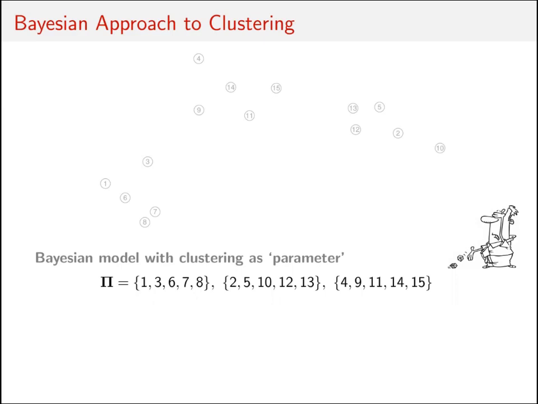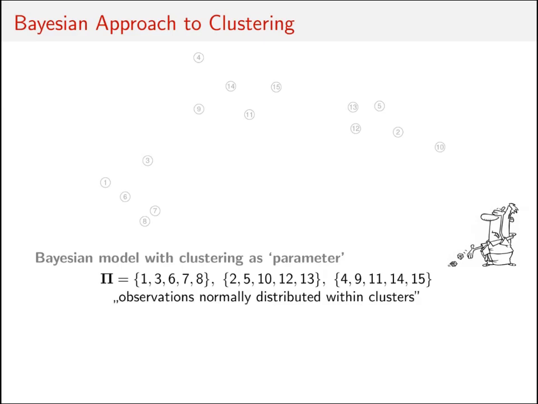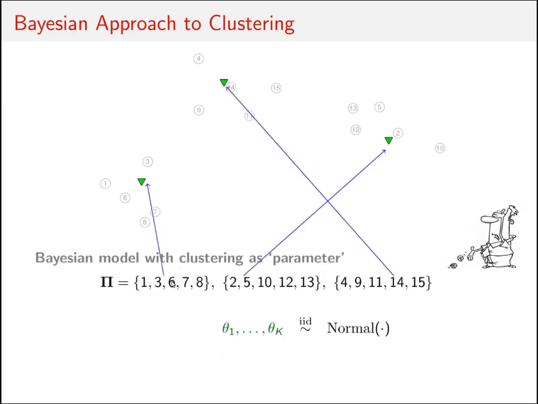We can say that when this partition is somehow obtained by this random process, then for every cluster I sample the center of this cluster, the mean of this cluster.